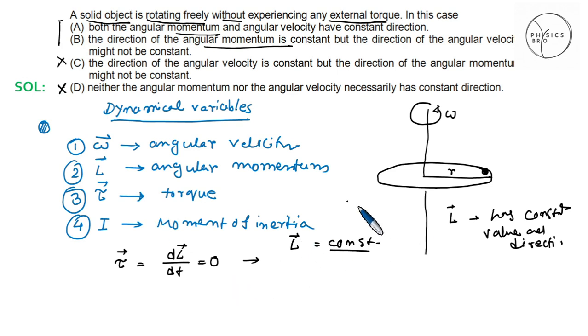Next we have to find out about angular velocity. By definition, L is I into omega. L is I omega, and this is constant. It is a solid object and we are not changing the object, so this I must be constant. If I is constant, then omega must be constant.